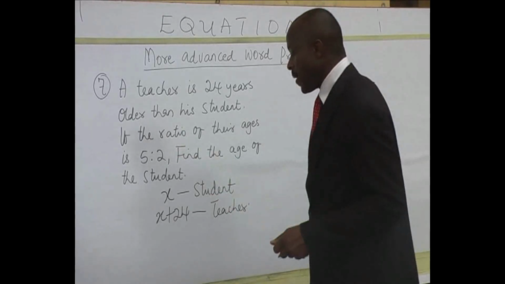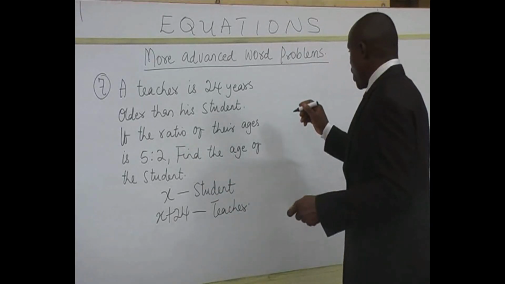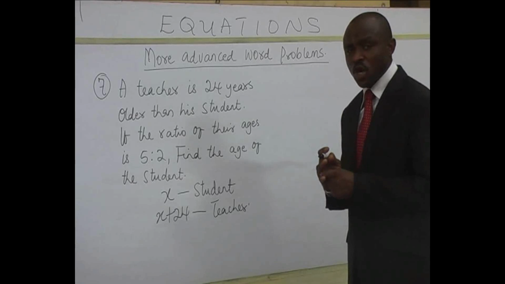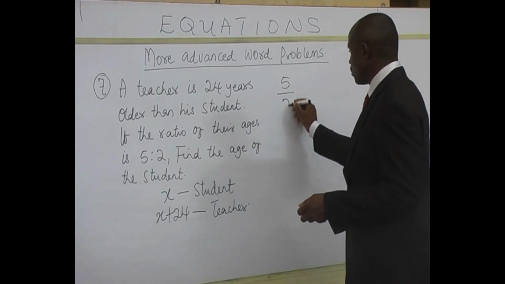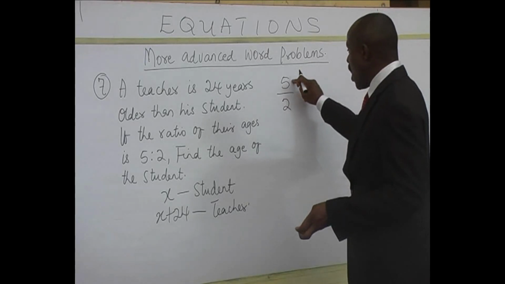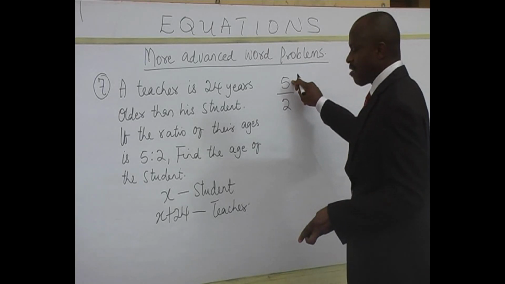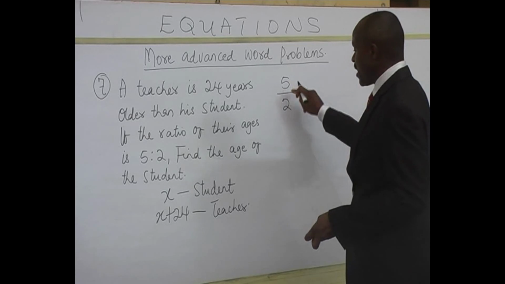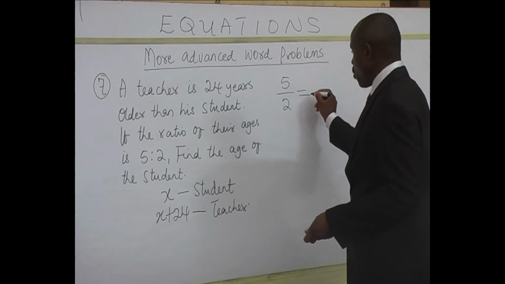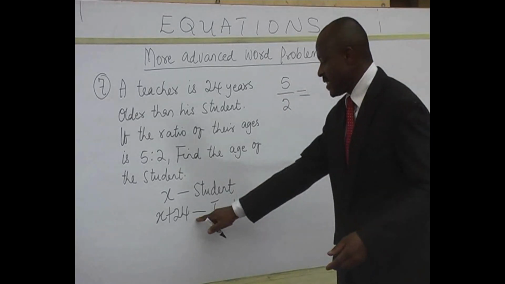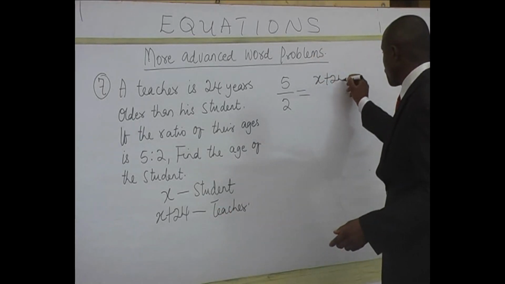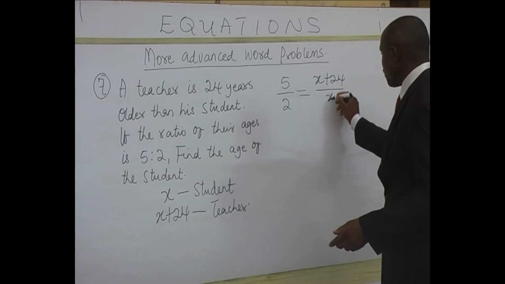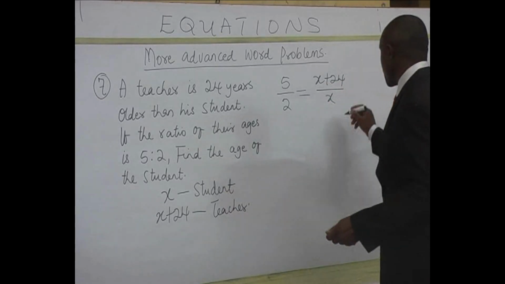So we form 5 over 2, which means the greater ratio divided by the lower ratio will be equal to the age of the teacher, X plus 24, over the age of the student.